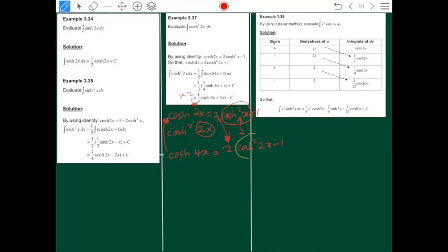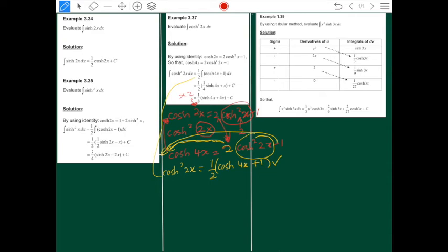Since we are interested in getting this one, you just need to rearrange it. Cos squared 2x equals half, so you bring the 2 over here, you'll get cos 4x plus 1. You bring plus 1 first, and only then you bring the 2 over.